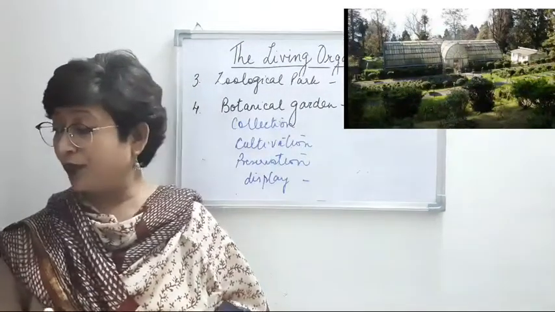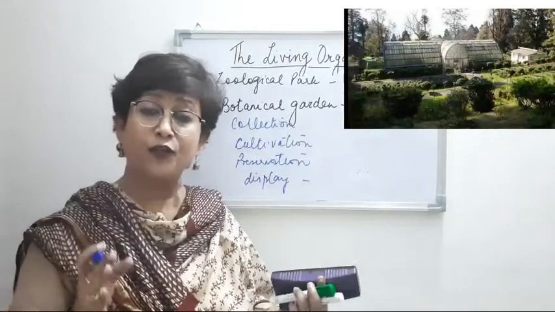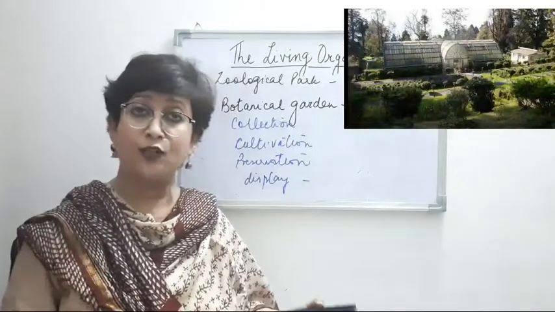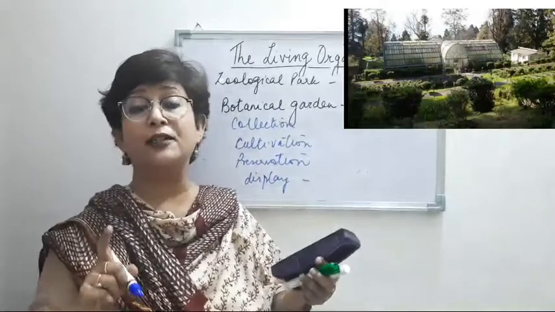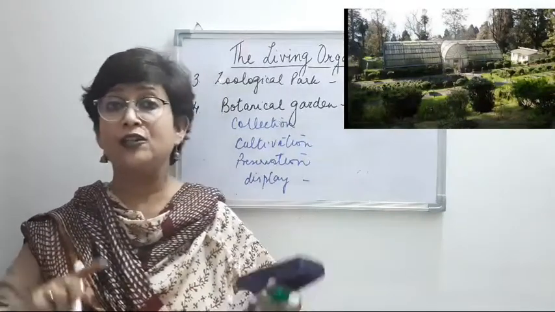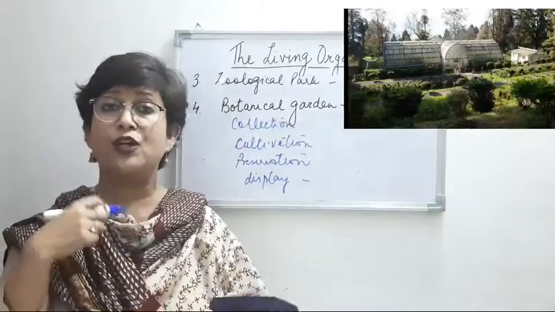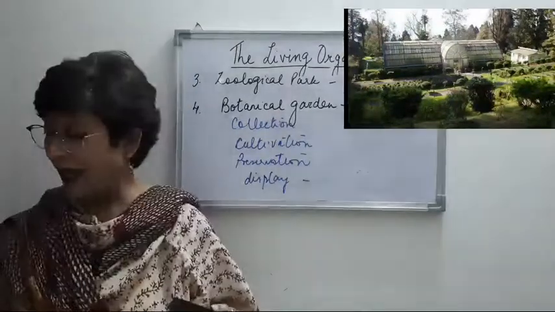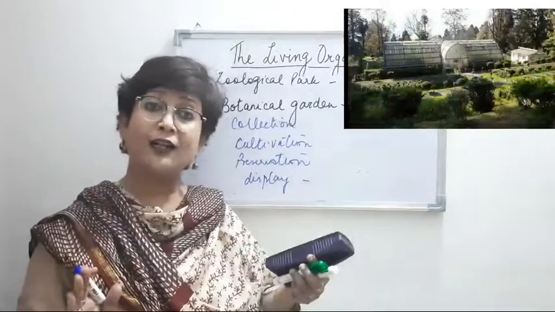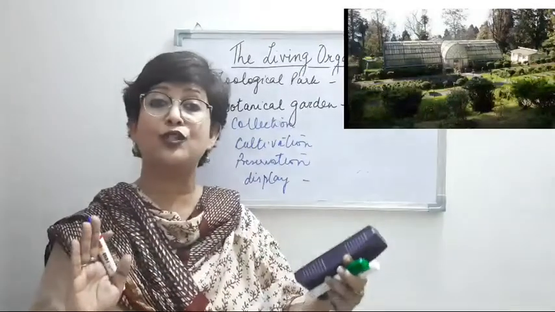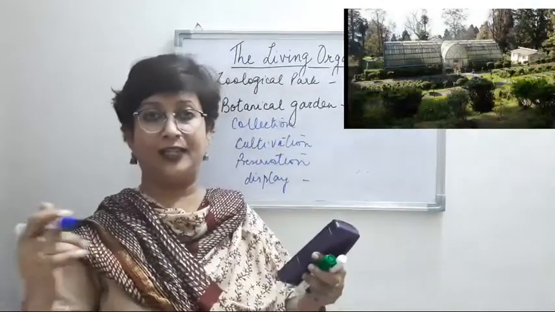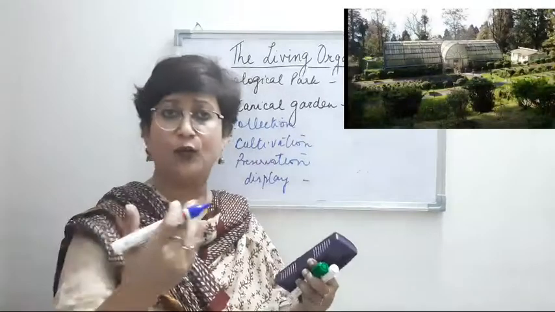These botanical gardens are often run by universities or by certain scientific research centers, right? So these are the two organizations which run a botanical garden, and these botanical gardens may also have an associated herbaria in their own compound, right?